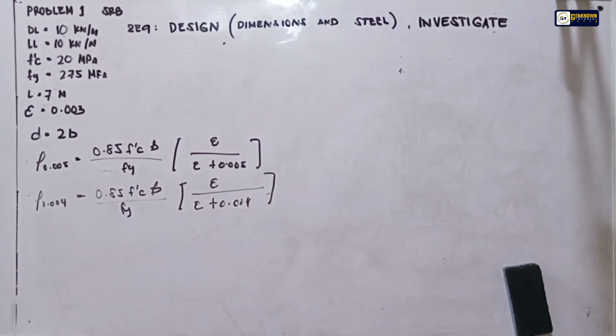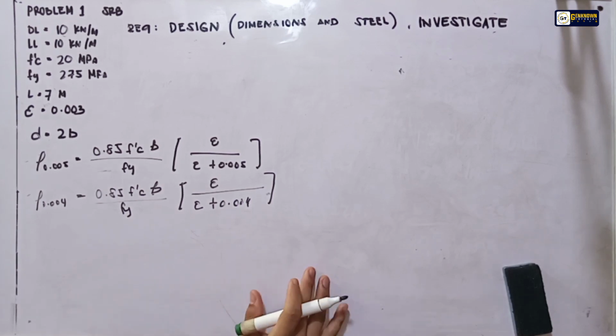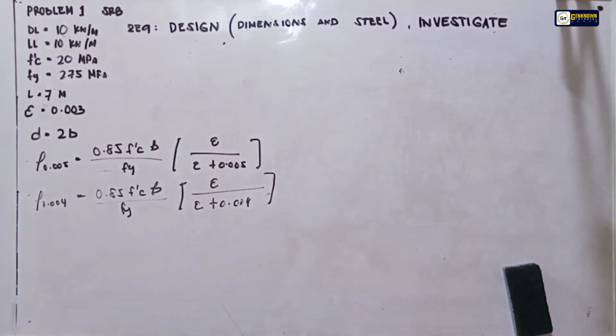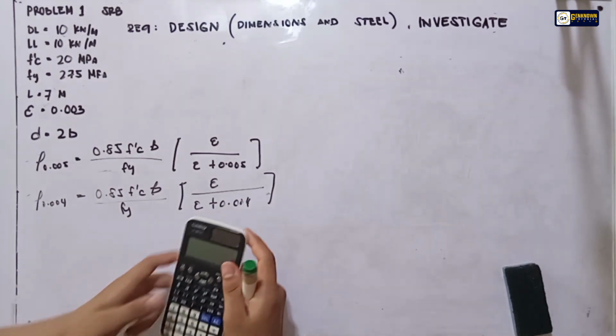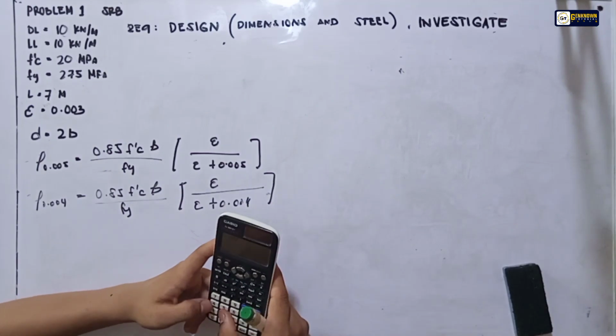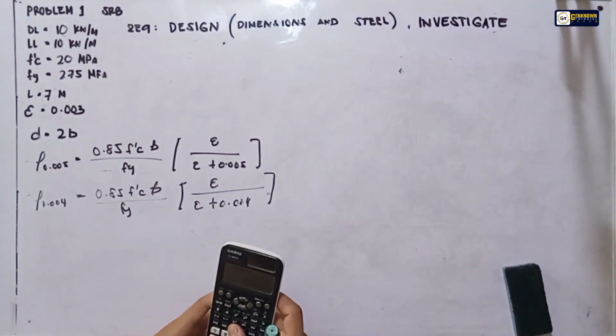By the way, if hindi pa kayo familiar sa mga formulas na ginagamit dito, I recommend you to watch the videos na naka-indicate sa ating description box. So, let's find out kung ano yung pinakamalaki sa kanila. We have 0.85 multiplied by F prime of C is 20 multiplied by beta.